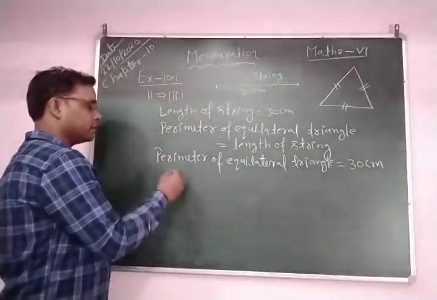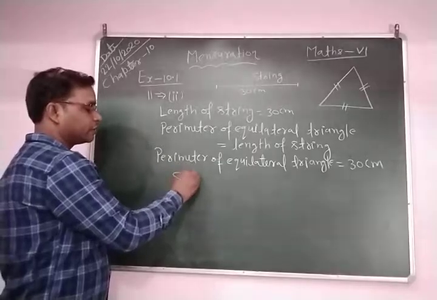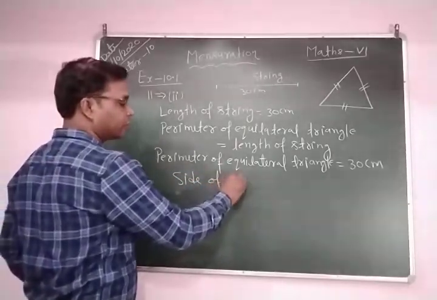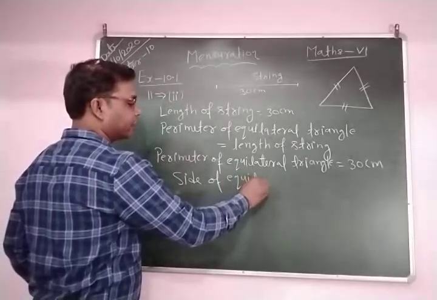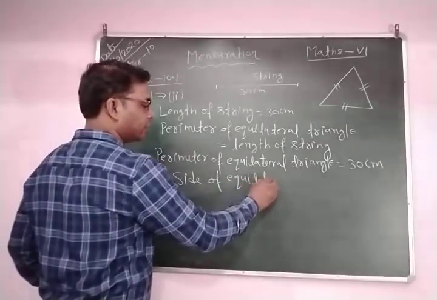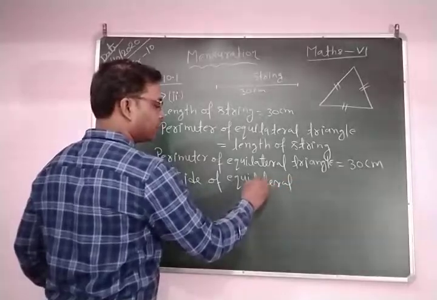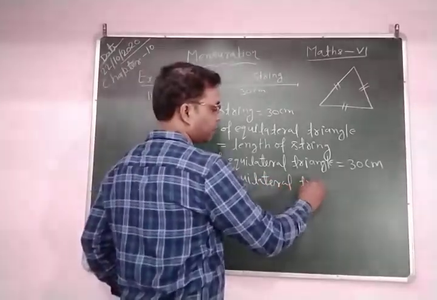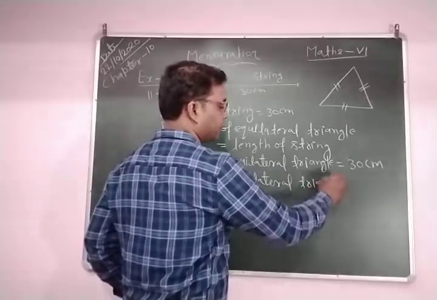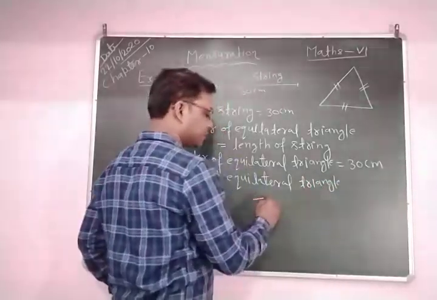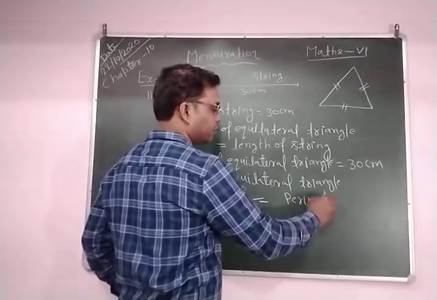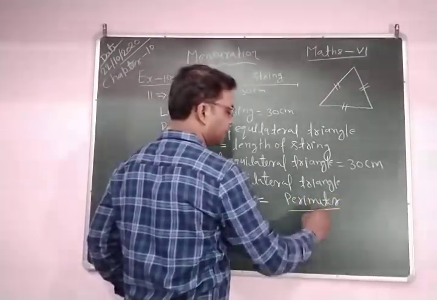So what is the side of this equilateral triangle? The side of the equilateral triangle is equal to the perimeter divided by 3.